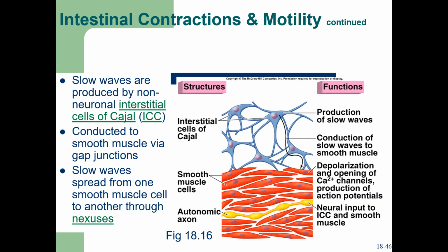So for example, the stomach has the lowest rate of 3 slow waves per minute, but the duodenum has the highest rate at 12 slow waves per minute. So the speed is going to differ from one part of the GI tract to another.